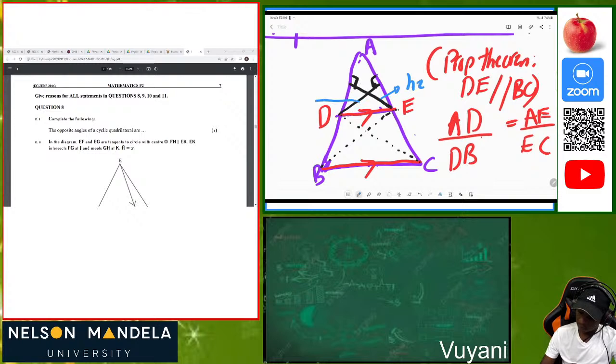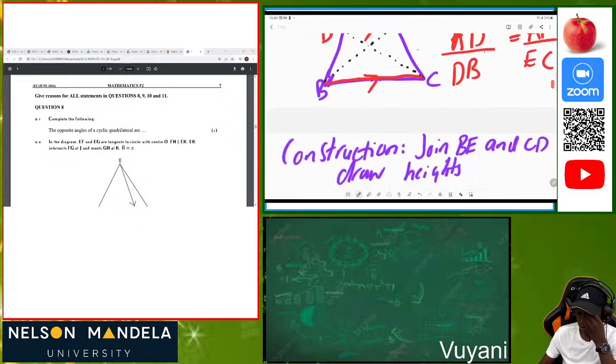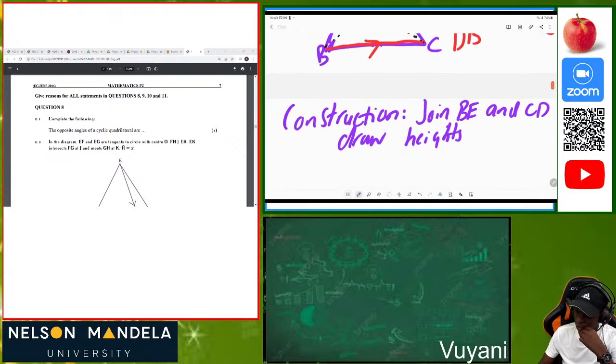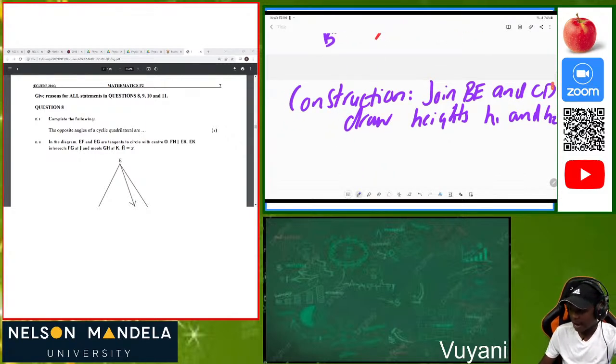This is my height 1. So now we draw heights H1 and H2. Those are our heights.